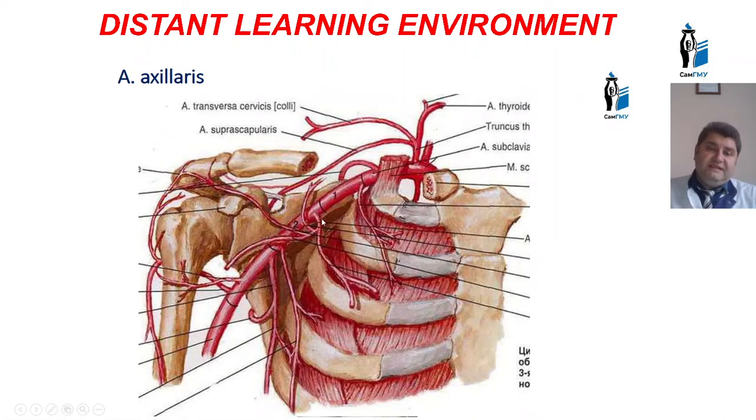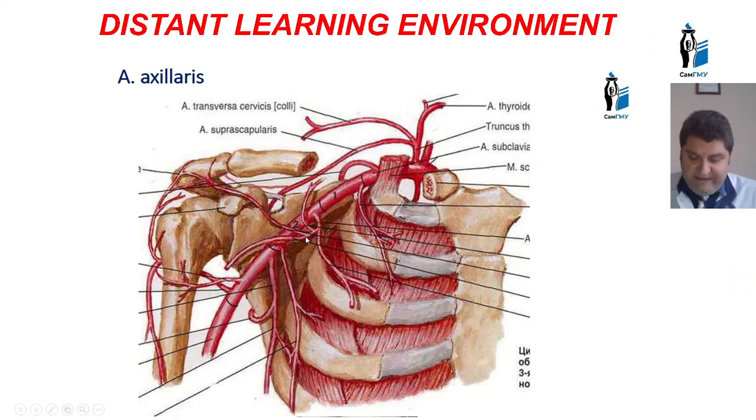And also you may see the thoracoacromial artery, which passes from maybe first, maybe second part of axillary artery. Thoracoacromial artery has several branches.